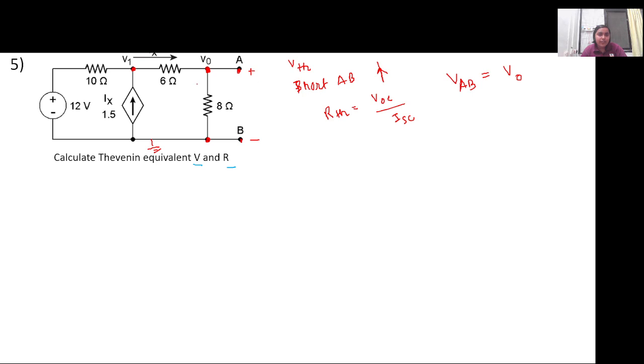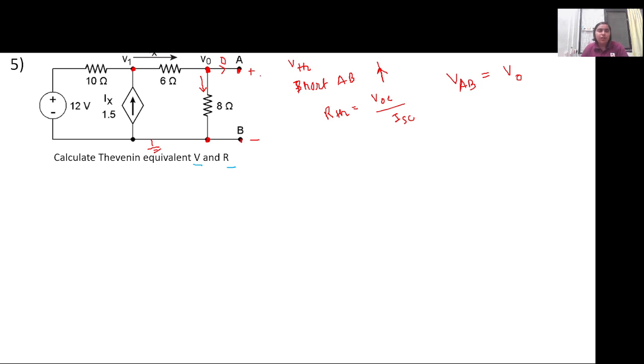Now, as one of you said, since this is an open circuit, there is no current flowing in this branch. So whatever Ix current is flowing, it is coming through this particular branch itself, right? So V0 will be equal to 8 into Ix.